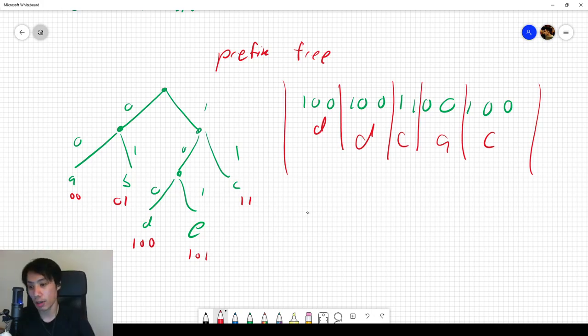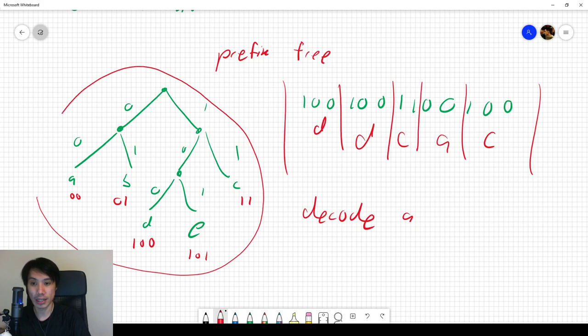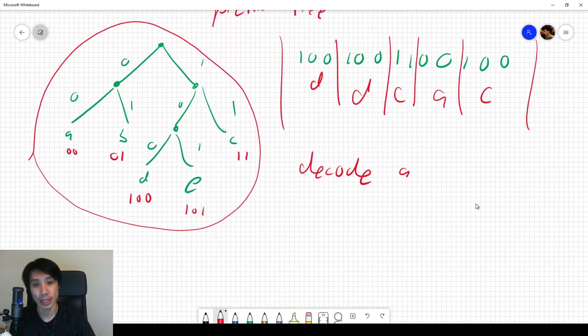So in your assignment, when you want to decode a character, you will definitely need to build a tree. If you search online, a lot of the online implementations actually use a hash table.